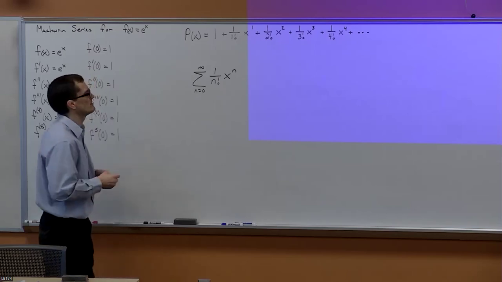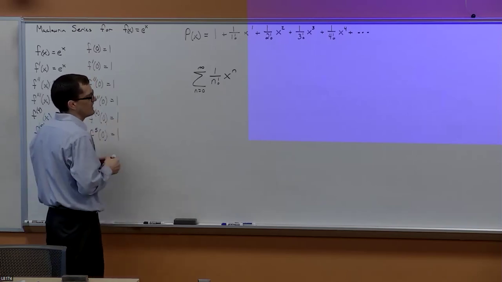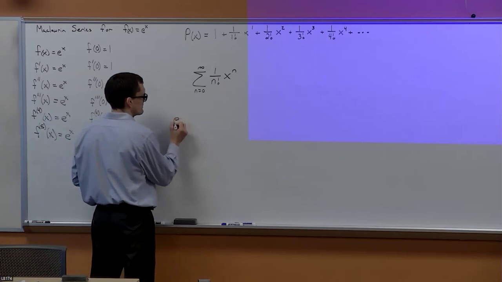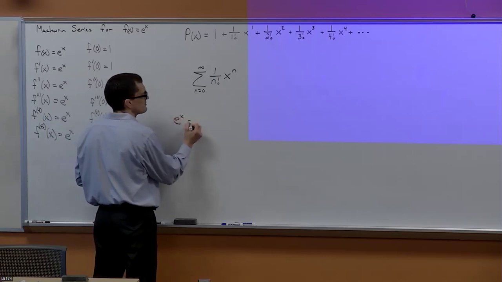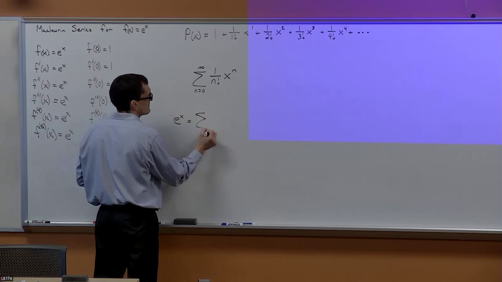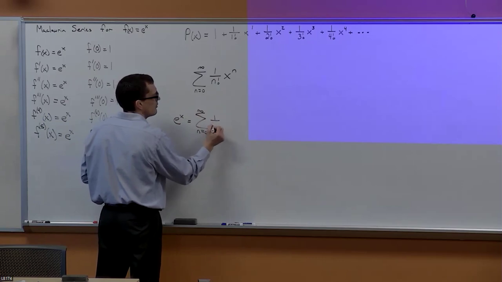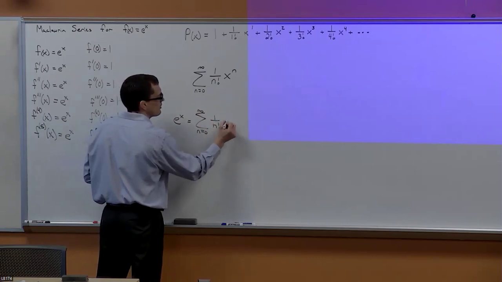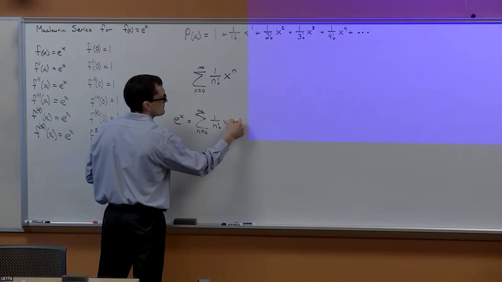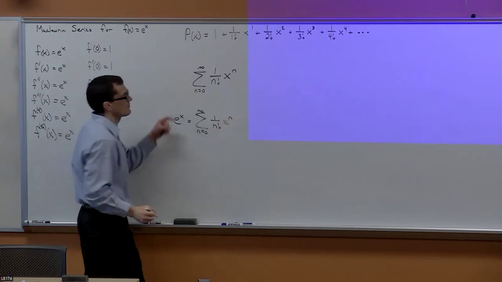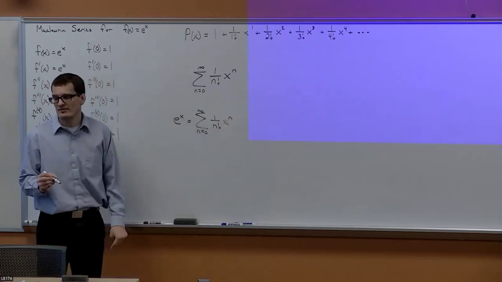And what we're saying is that that infinite series doesn't just approximate e to the x. It's exactly equal to e to the x on the interval of convergence of this series.